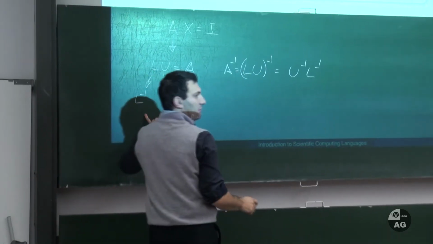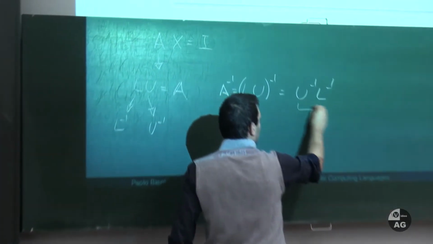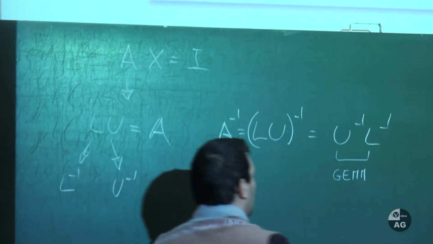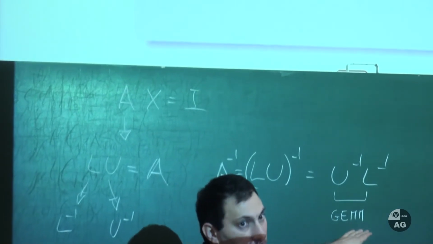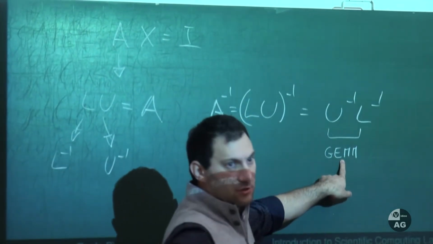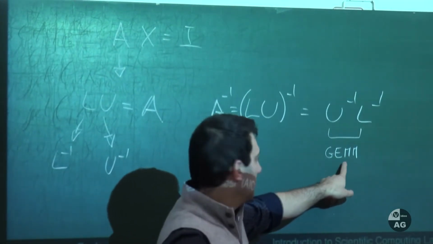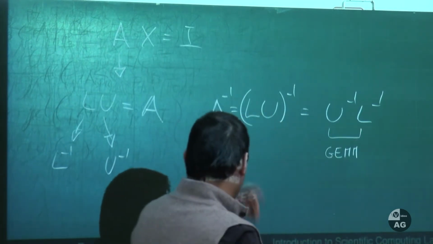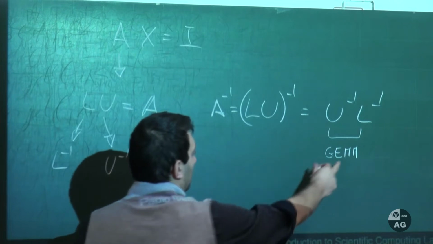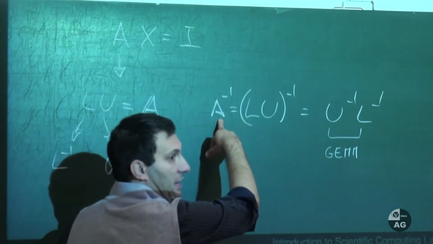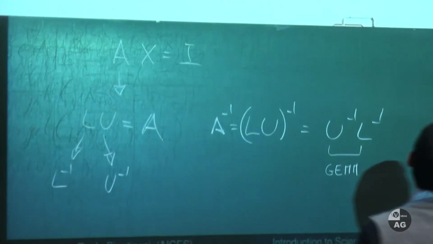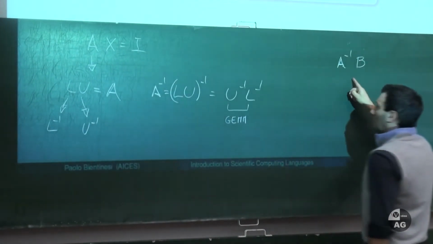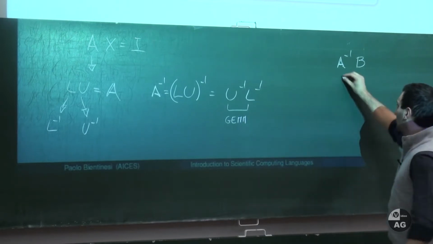Once we have inverted these two guys, we have to multiply them together. So we have a GEMM, or if you can, a specialized GEMM. GEMM is matrix multiplication. You have a specialized one because you are multiplying two triangular matrices. Okay, and all of that is just to compute A inverse. But what we want to do is actually A inverse times B. So after I have done that, I also have another GEMM.